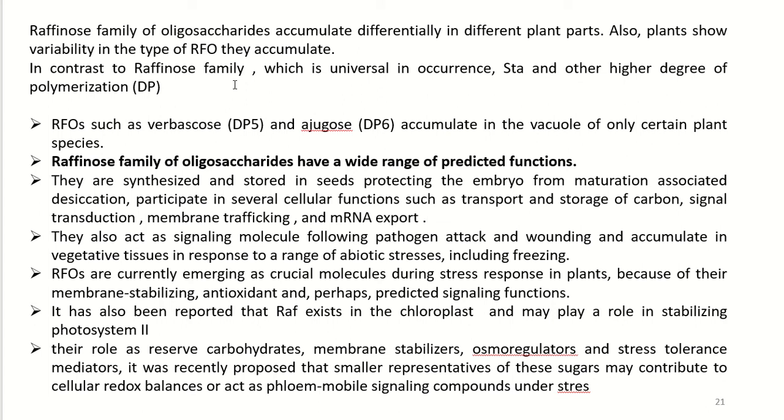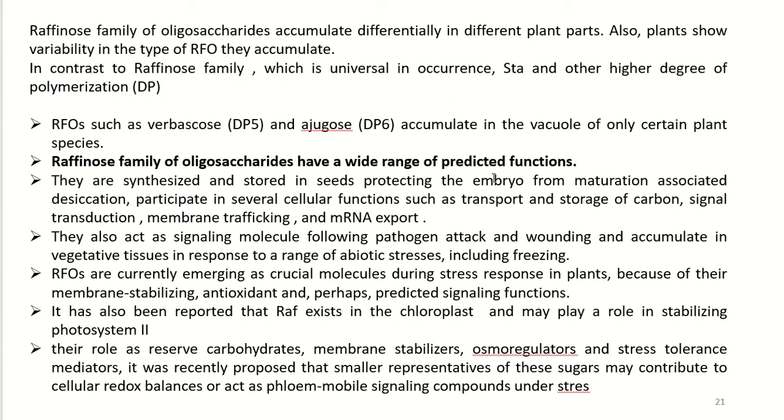So the raffinose family of oligosaccharides, as I said, have a wide range of predicted functions. They are synthesized and stored in the seeds and protect the embryos. What are the functions of RFOs? They are synthesized for storage in the seed and for protecting the embryo from maturation-associated desiccation. They participate in several functions such as transport and storage of carbon, signal transduction, membrane trafficking, and mRNA export.